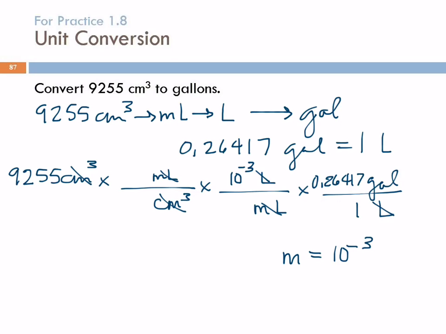So you might look at that and say, that's going to be messy putting it in my calculator. Well, how about 1 times 10 to the minus 3? That's the same, isn't it? Now that looks like scientific notation, and we should know how to do that. Some people want a 1 down here, that's fine. And then this is 1 milliliter to 1 cubic centimeter.